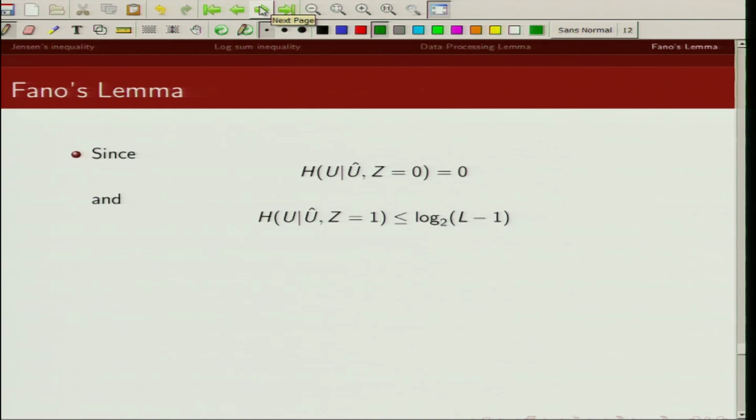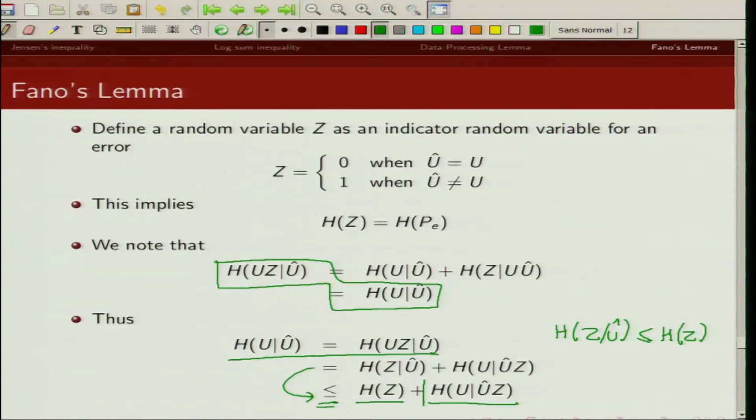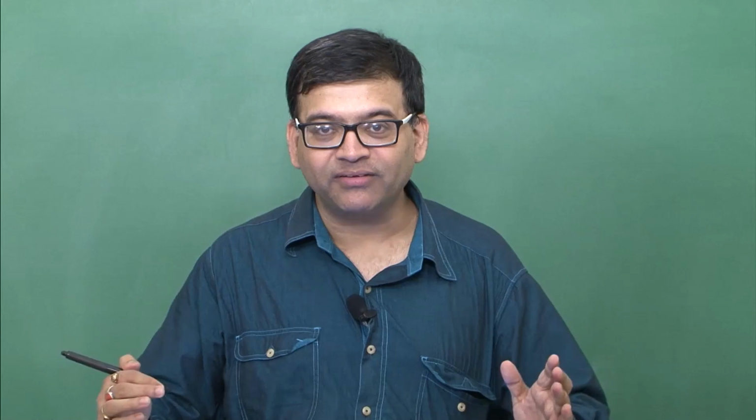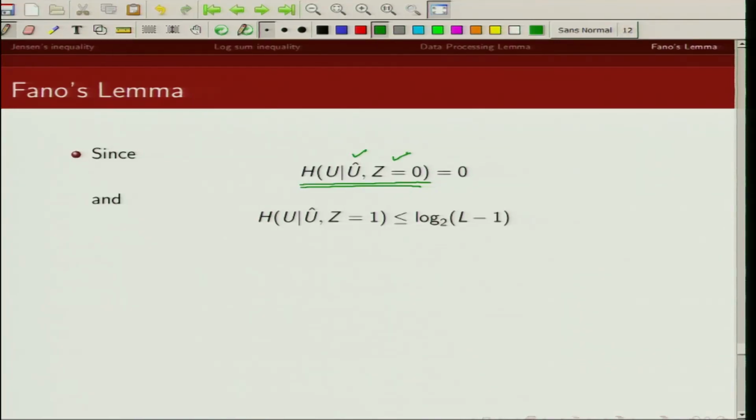Next, we are going to look into this expression in a little more detail. So we will first look at this when Z is 0, and then we will look at the case when Z is 1. So what is the uncertainty in U given U hat and Z is 0? Now what does Z equal to 0 mean? Z equal to 0 means there is no error. So if I give you U hat and I tell you there is no error, then you know precisely what U is.